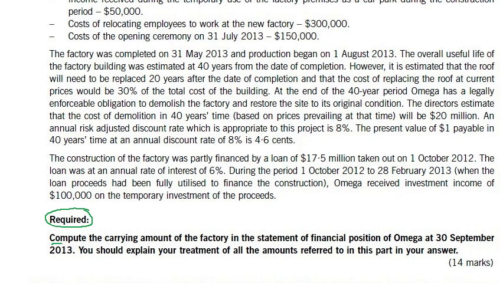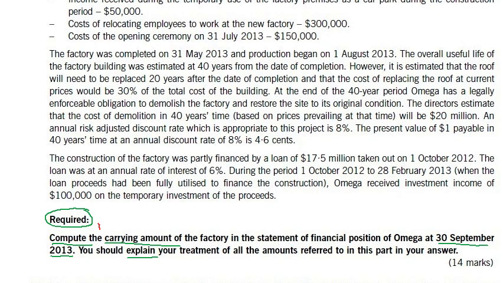It says, compute the carrying amount of the factory in the statement of financial position of Omega at 30th September 2013. You should explain your treatment of all amounts referred to in this part in your answer. Very straightforward requirements.